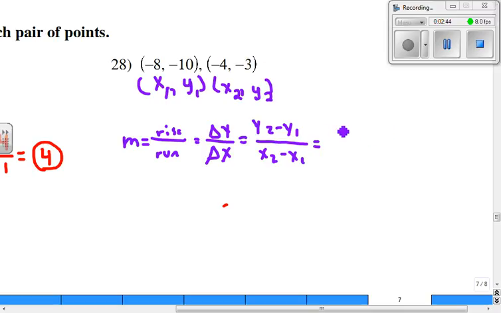So y2 is going to be negative 3. Remember to put in the minus. Y1 is negative 10. Y2 is negative 3. His x has to go directly underneath him. So that's negative 4. Minus, because that's just part of the equation.